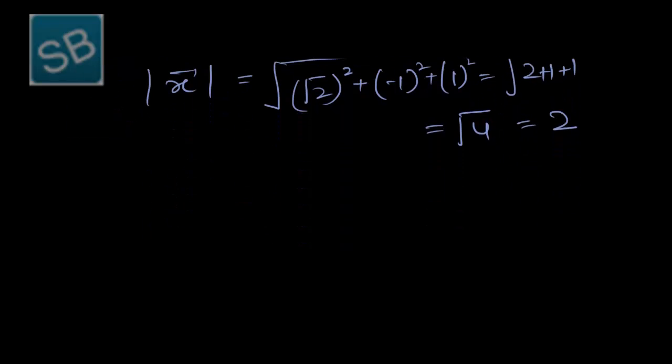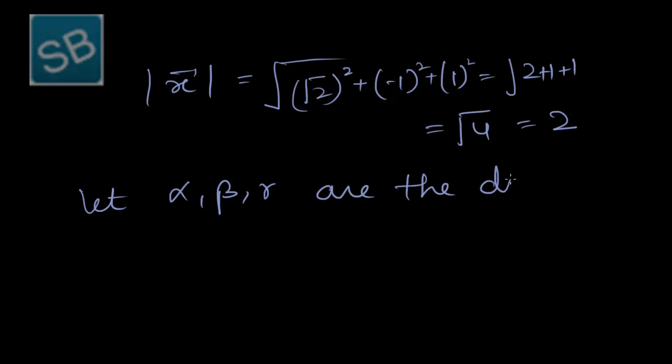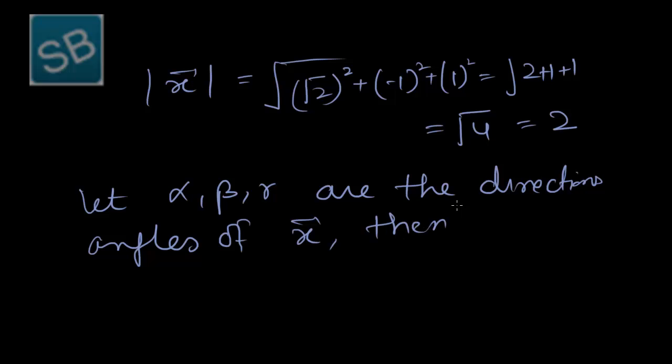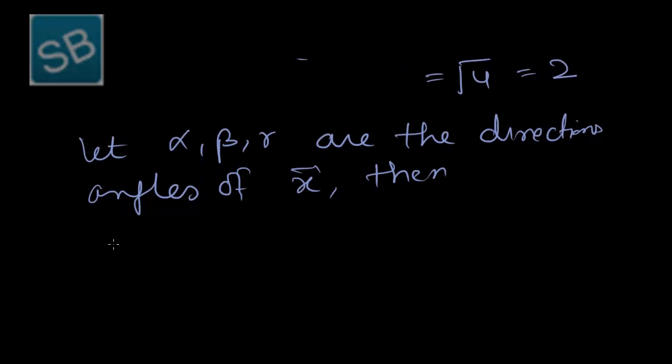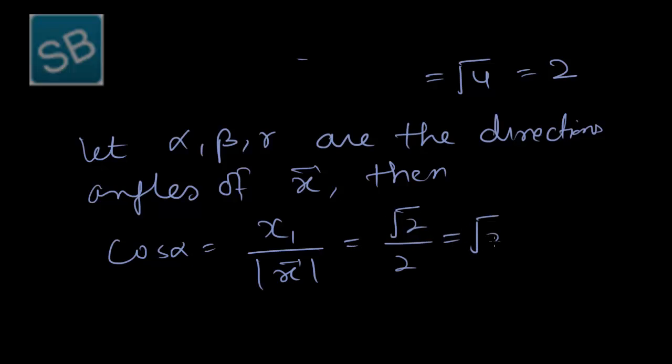Now let alpha, beta, gamma be the direction angles of vector x. Then, as we know, cos alpha is equal to the x1 component over magnitude x. The x1 component is √2 over 2, which gives 1 over √2.